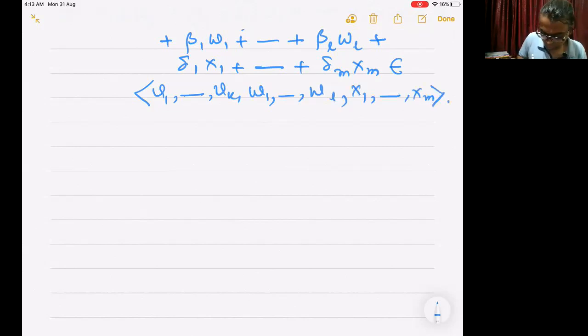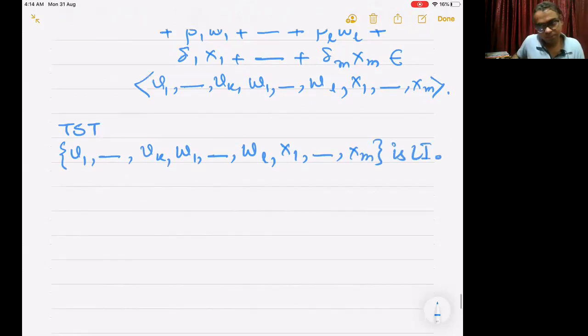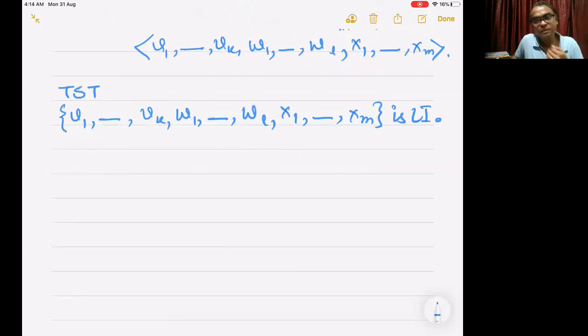Now we have to prove that this set V1 up to Vk, W1 up to WL, and x1 up to xm is linearly independent. Once again, how do you prove linear independence? Take a linear combination and show that if the linear combination is equal to 0, then the linear combination has to be necessarily the trivial linear combination.